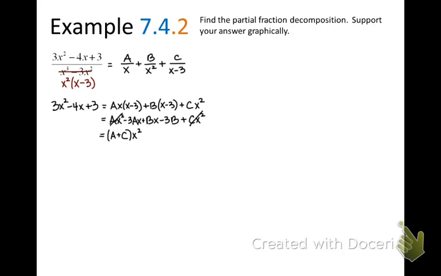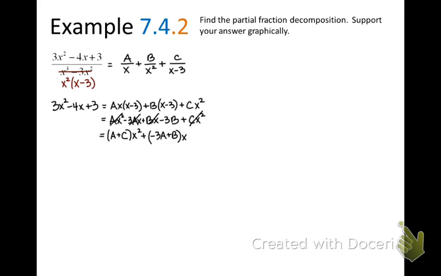Okay, what should go in my x grouping? What? Almost. Negative 3a plus b, x, right? And that was from this negative 3ax and this bx.